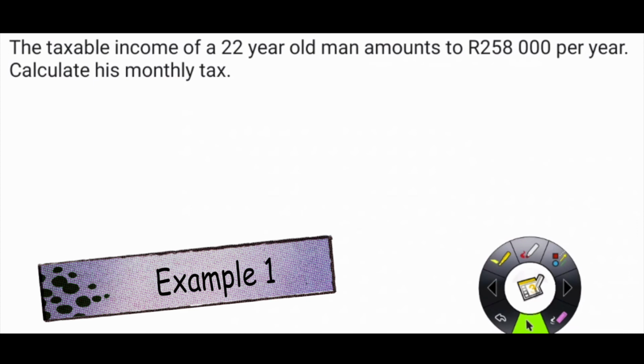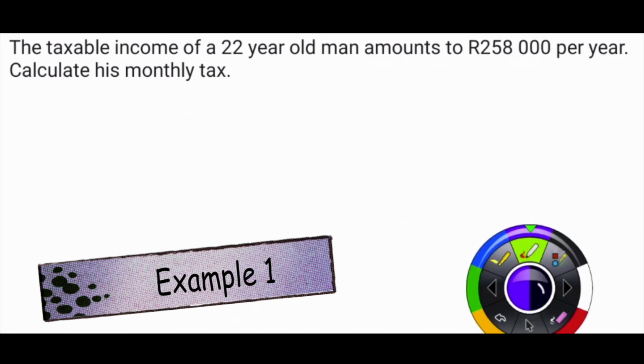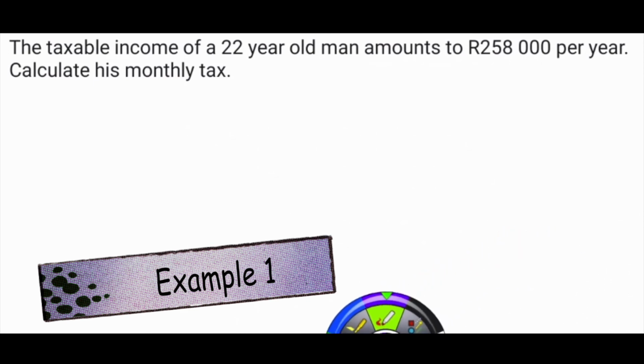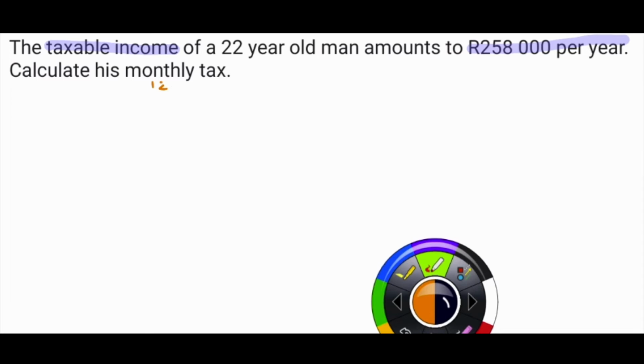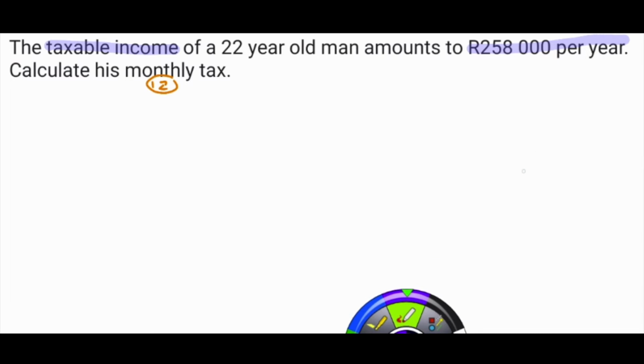Let's look at example 1. The taxable income of a 22-year-old man amounts to 258,000 per year. Calculate his monthly tax. I suggest highlighting important information, and if there's any word that catches your eye, for example, monthly, I immediately wrote a 12. Next, I'm writing down what I need to do.